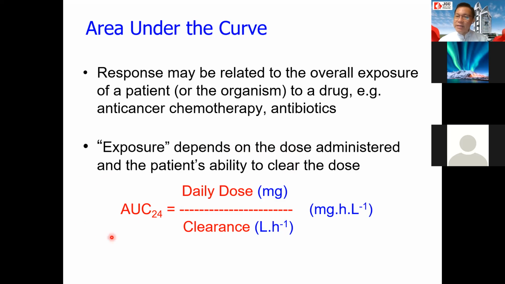So the AUC, the amount exposed, is equal to daily dose divided by clearance. So the more the dose, the larger the AUC, and the more it is cleared, the smaller the AUC.